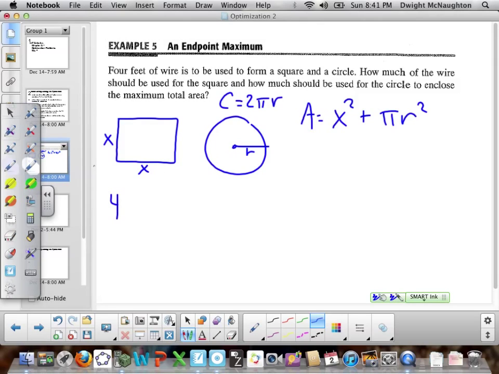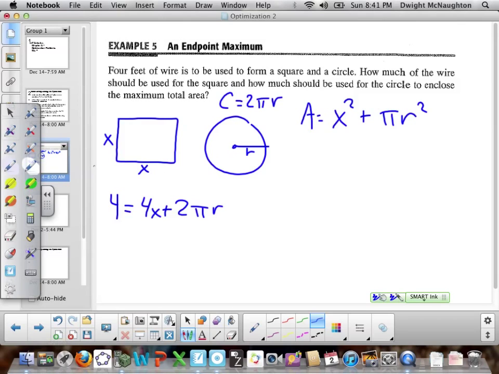Well, our 4 feet, if we use it for the square, we've got 4x plus 2 pi r for the circumference of the circle. And what I need to do here is pick a variable, either solve for x or solve for r, and substitute into my primary equation.